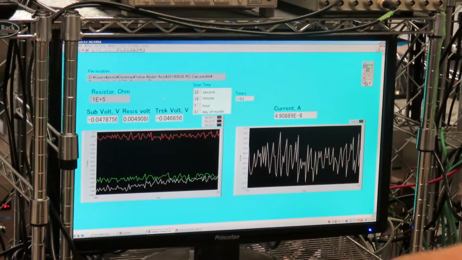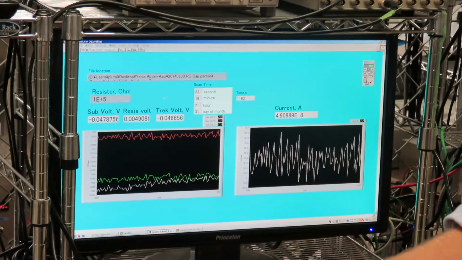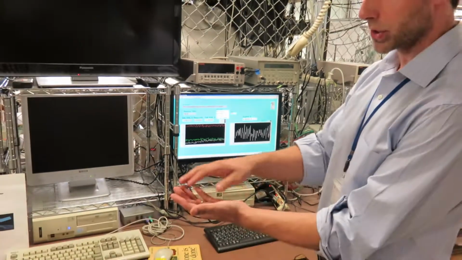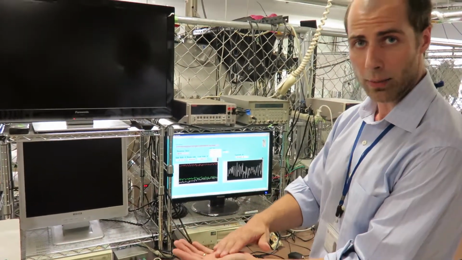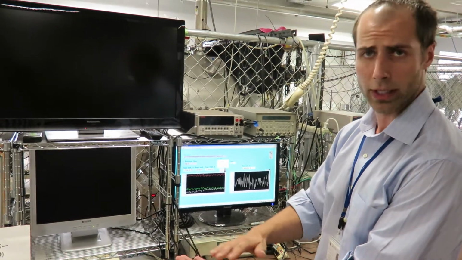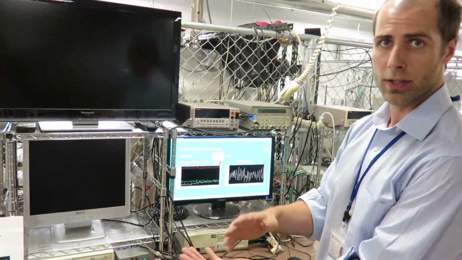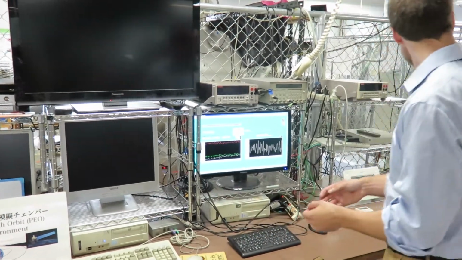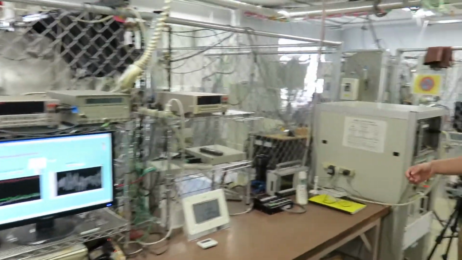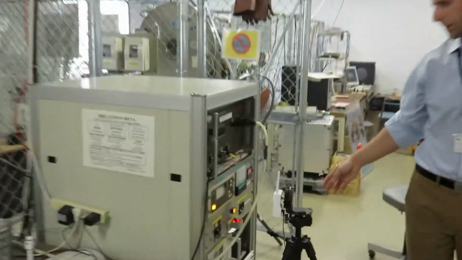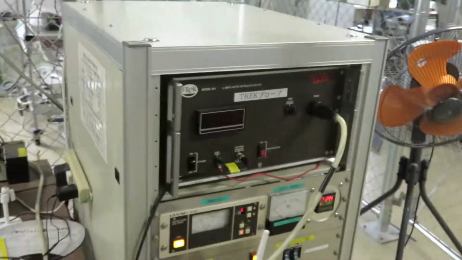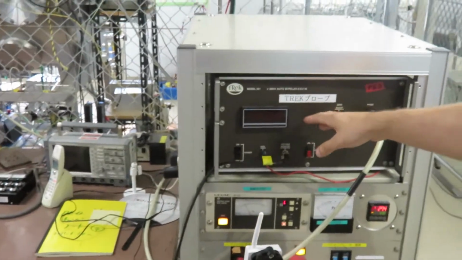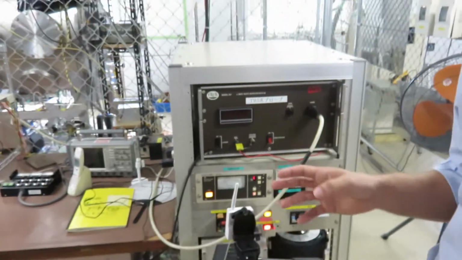We might have a surface with insulators, conductors, various materials. We charge it, and we use the Trek probe to scan the surface, usually in 2 dimensions, to obtain some surface potential field. And here, for example, we see the Trek probe controller. A Trek probe is kind of an interesting device.